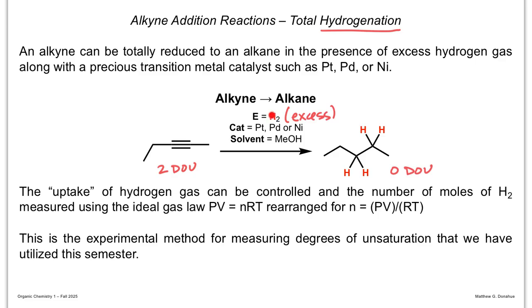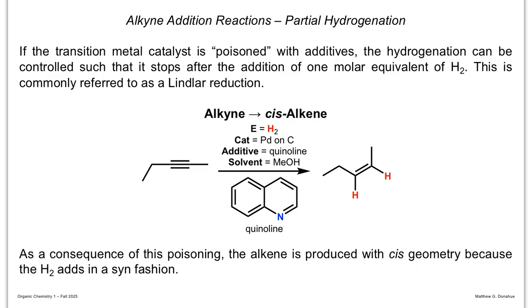One thing I do want to mention is the next reaction is going to take these conditions but modify it a little bit. So total hydrogenation is going from 2 to 0 across that triple bond. A partial hydrogenation is only going to do one addition.